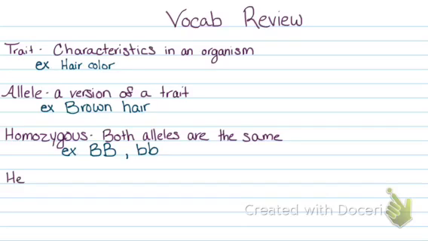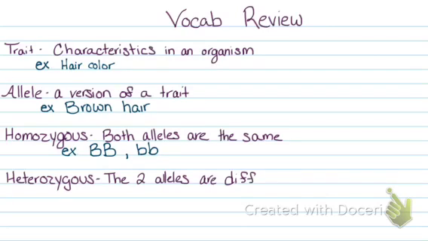For hair color, this would mean the organism has a dominant B for brown hair and a recessive b for blonde hair. Because brown hair is dominant, the heterozygous organism will appear to have brown hair.